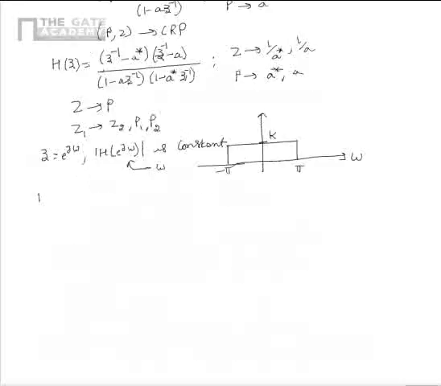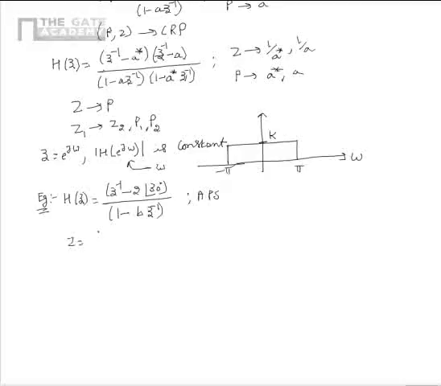Now, let us consider an example in which the system function is given as H of z is equal to (z inverse minus 2 phase 30 degrees) divided by (1 minus b z inverse). If the system is an all pass system, we need to find b. From the above, we see that the 0 is located at z is equal to 1 by 2 phase 30.